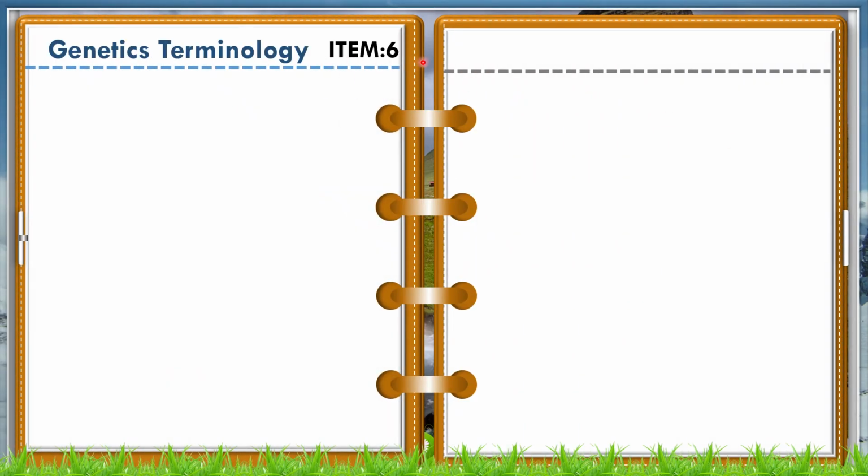Item 6. Genetics terminology. We are going to emphasize what is seen versus what is hidden.